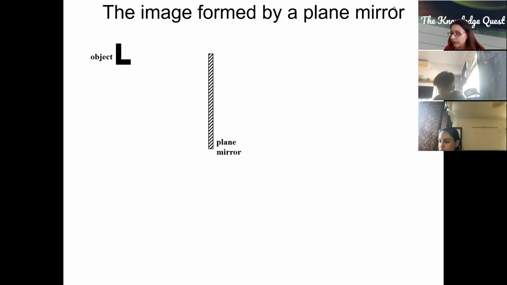You use a scale and a pencil. Clear? Plane mirror made? Make this object.